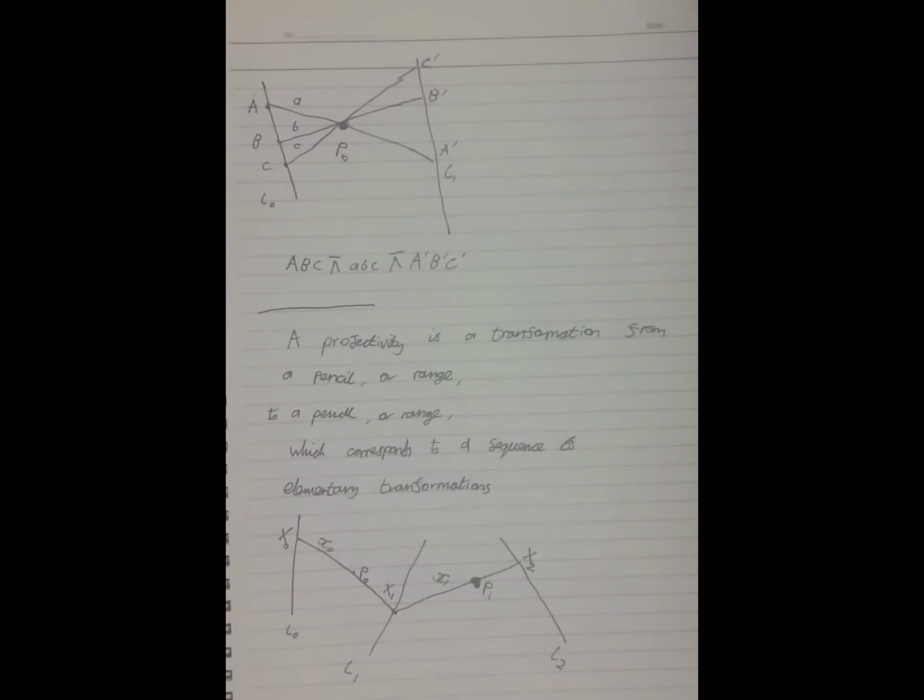And in that case, we'd end up mapping perhaps points onto lines or whatever. This is really the fundamental idea behind projective geometry, because what we're really interested in are the features of geometry which are invariant under these kinds of operations.